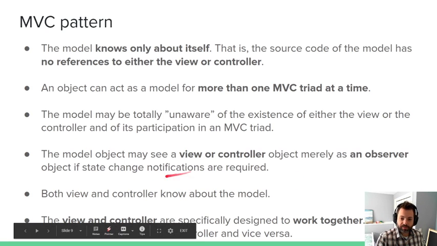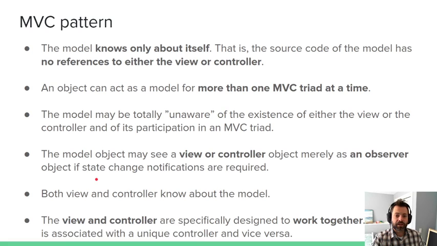One of the other cute things you can do with this is that you can treat the viewer or the controller as an observer. If you remember from last time, we talked about the observer pattern, where you have a subject being monitored, and if its state ever changes, it notifies all the attached observers. You could basically coerce MVC to do this, where if something changes in your model, you could update any observers.